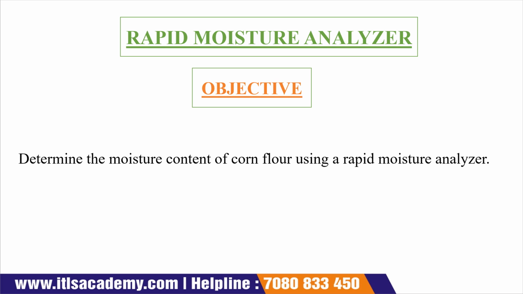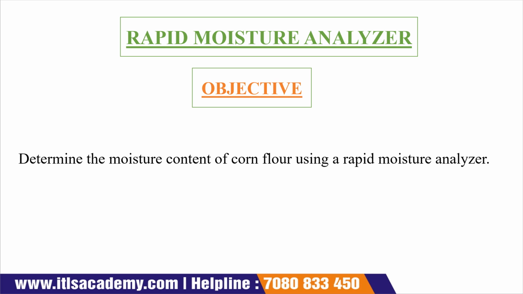Now come to the next one. The next method for analyzing moisture is the rapid moisture analyzer. The objective behind this rapid moisture analyzer is that we use corn flour as a sample for the determination of the moisture content.